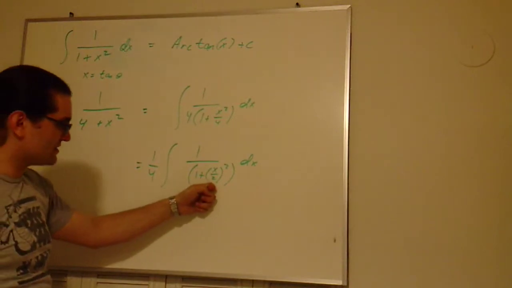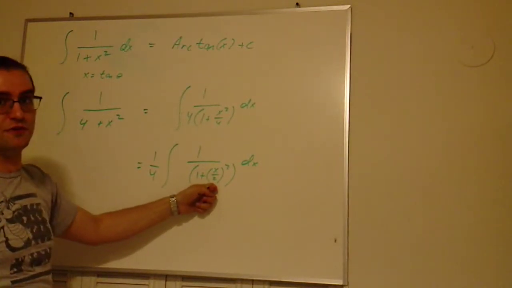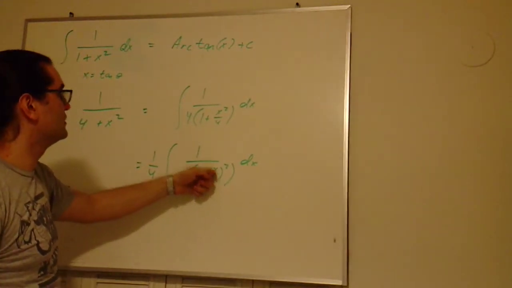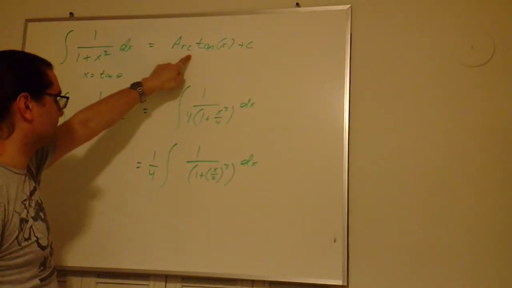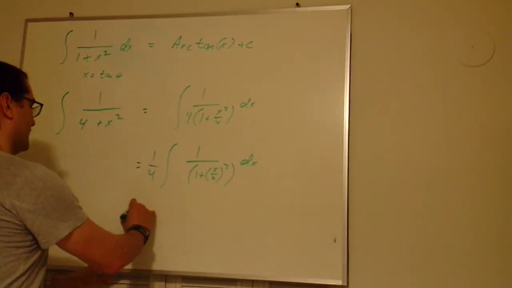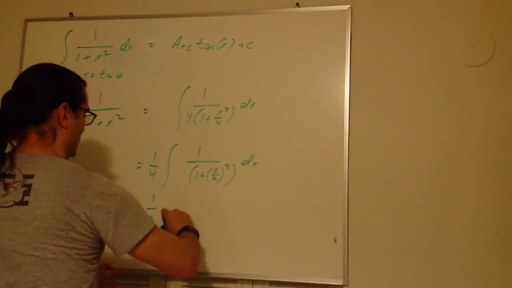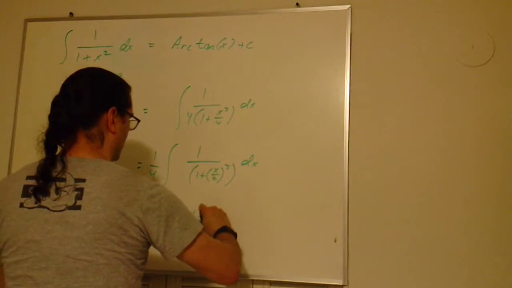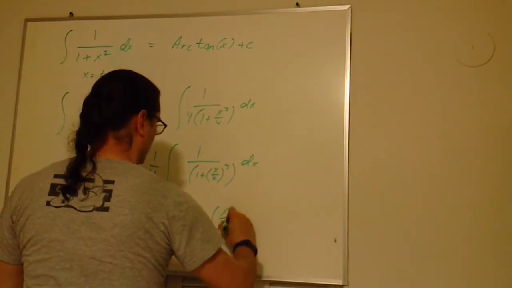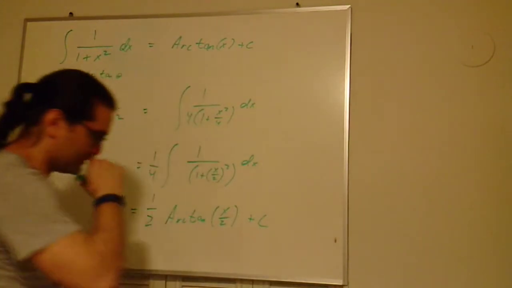And now this you can do with u substitution into this, and you will get 1/2 arctan x over 2 plus c.